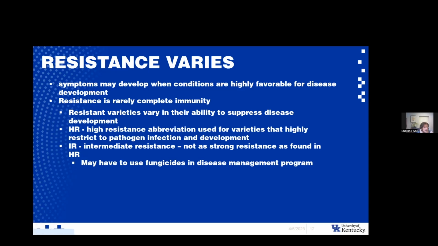And then of course there's IR possibly, and that's intermediate resistance, which means it's not as strong as the HR. It has some, but not quite as much. So even sometimes when you use resistant varieties, it doesn't mean that you'll be fungicide free or anything in your disease management program. So you need to still keep an eye, but it does help a lot.